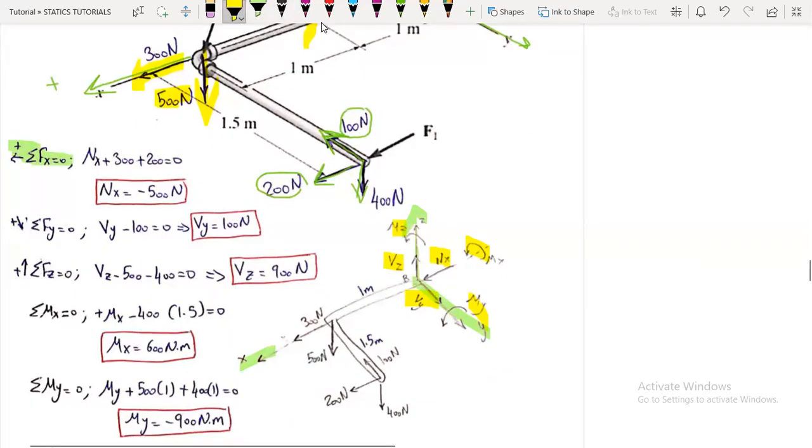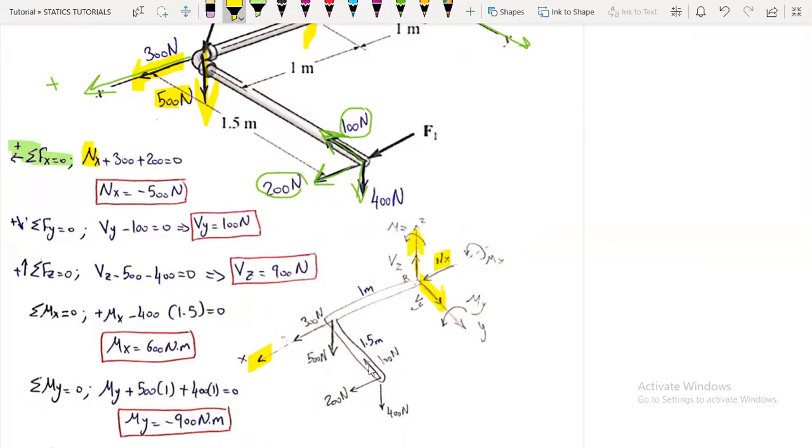Positive, plus, let me erase these. So here, plus Nx, since it's acting in the positive x direction, as our assumptions are all in the positives. See here, Vy is in the positive y-axis and Vz is in the positive z-axis.